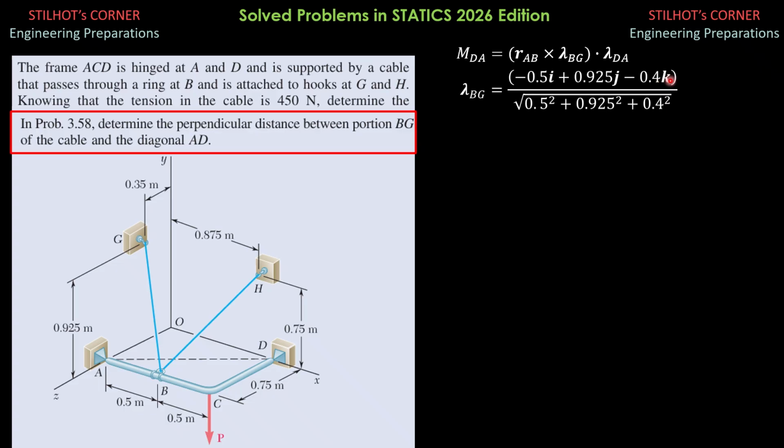So negative 0.4 K over square root of 0.5 square plus 0.925 square plus 0.4 square. RBG is also the unit vector of BG, equals negative 4 over 9 I plus 37 over 45 J, then minus 16 over 45 K.